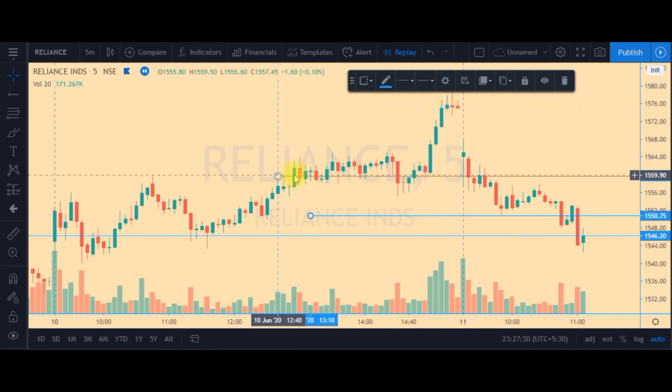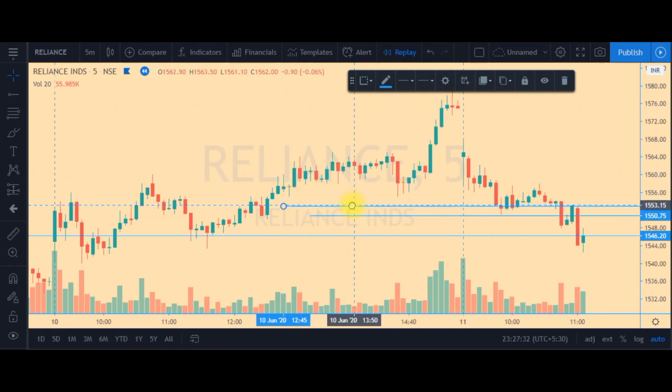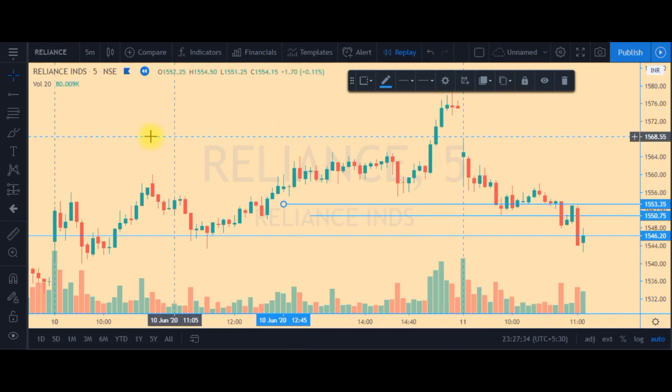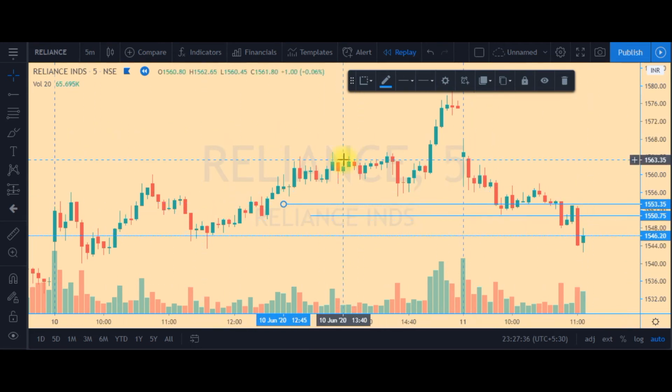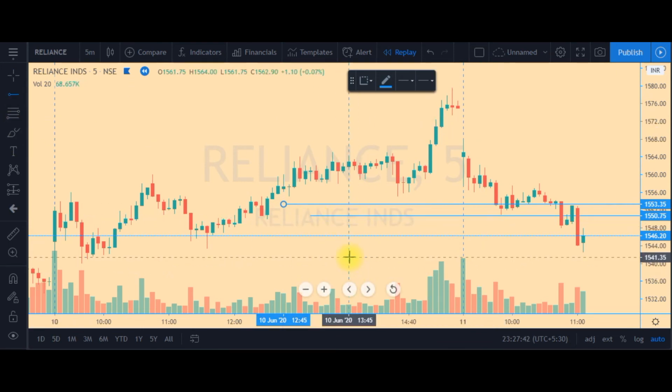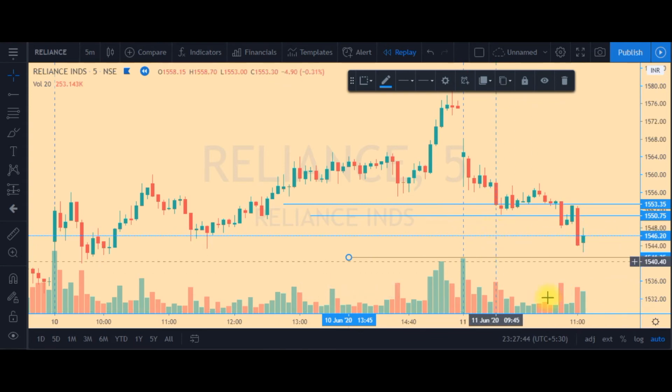It was also a pullback trade, somewhere here. I was very clear about the trend. I was expecting the target to be the swing point below. So let's see what happened to the price.